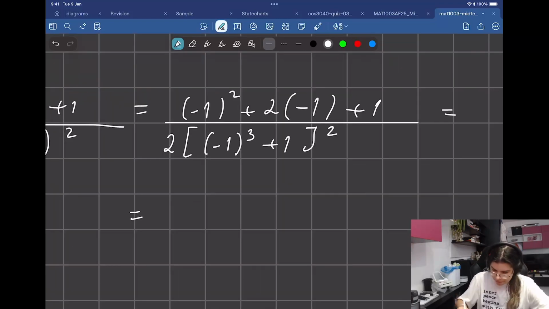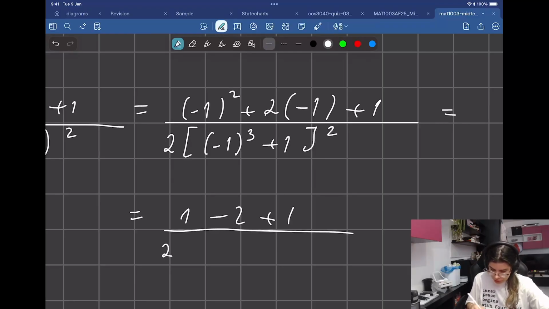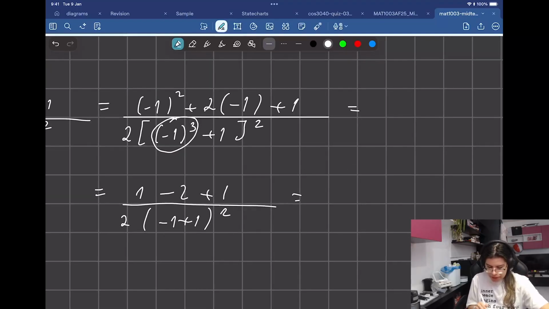So if I have minus 1 raised to the power of 2, it's just 1. 2 times minus 1 is minus 2, plus 1, over 2 times, and now minus 1 cubed is just minus 1, plus 1, squared. Now, numerator is 1 plus 1, 2, minus 2, 0. Denominator is obviously also going to be 0 because this is 0. And when we multiply something by 0, it's 0.